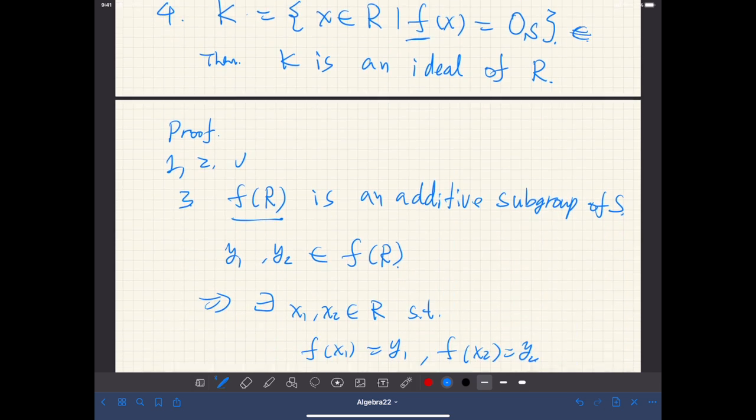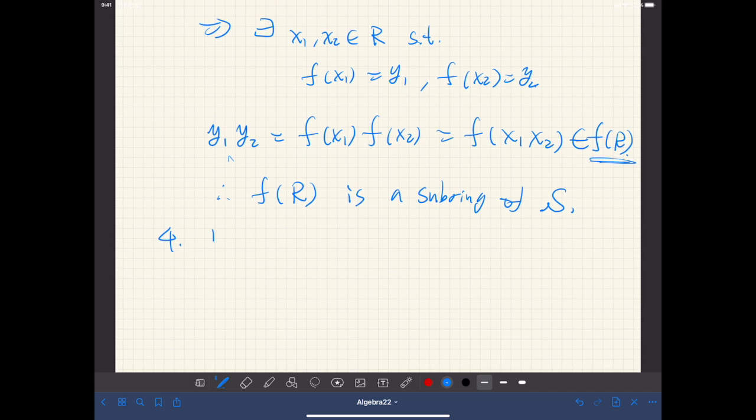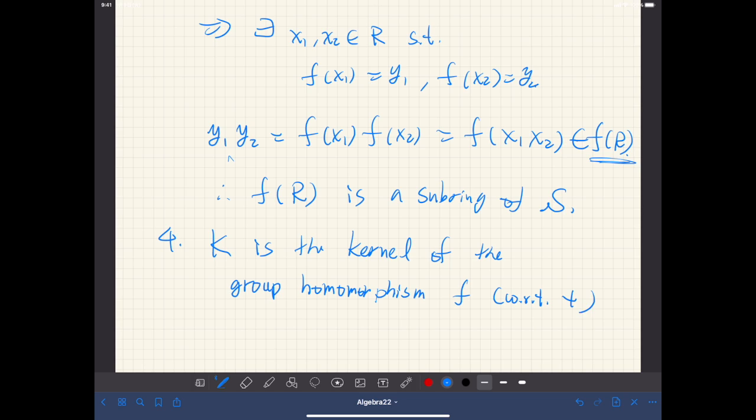So we already know this is the kernel of the group homomorphism f with respect to addition.